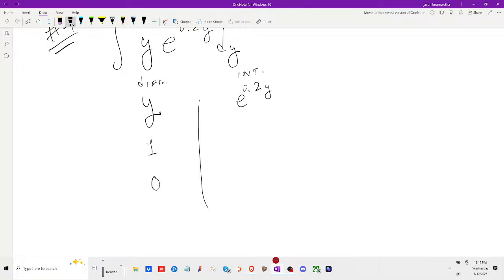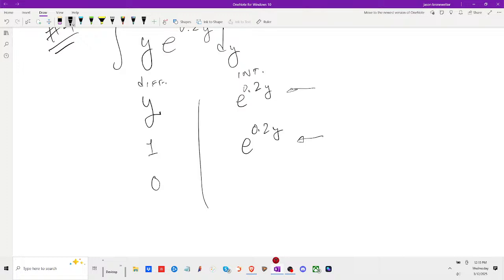Now here I have to be a little careful. The thing whose derivative is e to the 0.2y definitely has to have an e to the 0.2y in it. However, if I take the derivative of this, I would get an extra 0.2 out in front, and I wouldn't get back to this one.